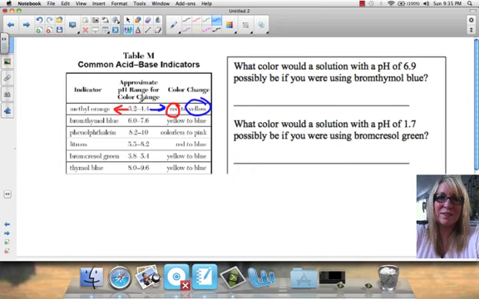If I had something in this range, it would be a blend of the two colors. So anything greater than 3.2 but less than 4.4 would probably be orange. So we're talking about a pH of 6.9 with bromothymol blue. So 6.9 is in the middle of this range. So yellow and blue make green.